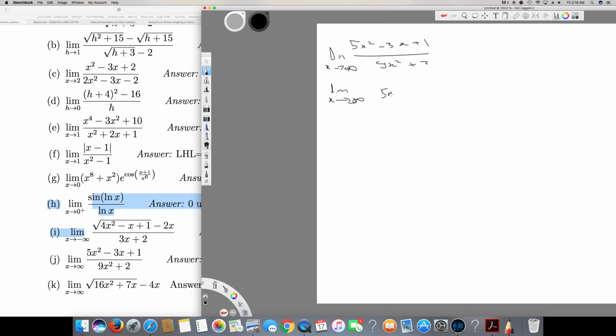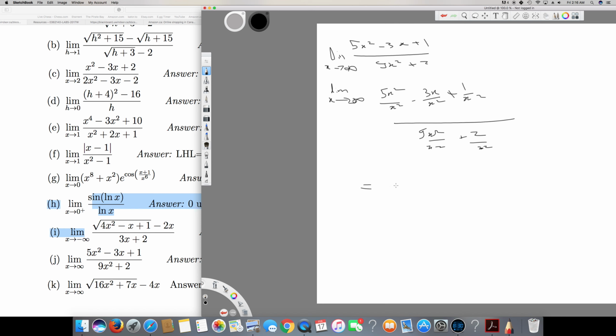So 5x squared over x squared minus 3x over x squared plus 1 over x squared, over 9x squared over x squared plus 2 over x squared.